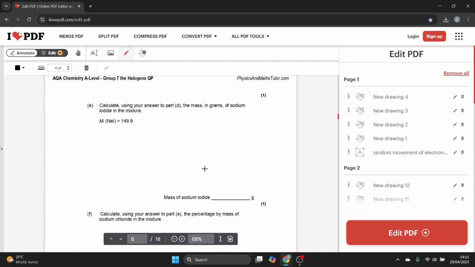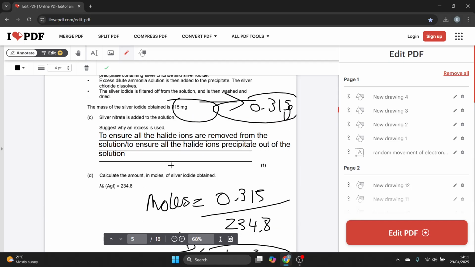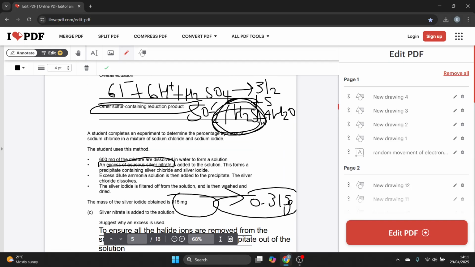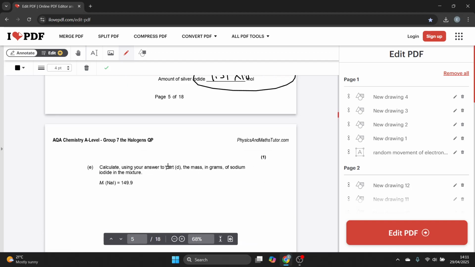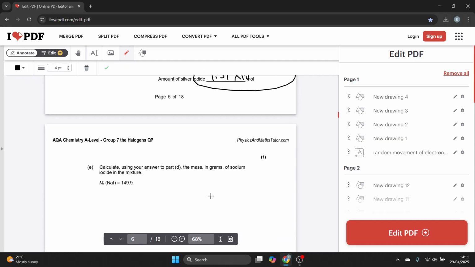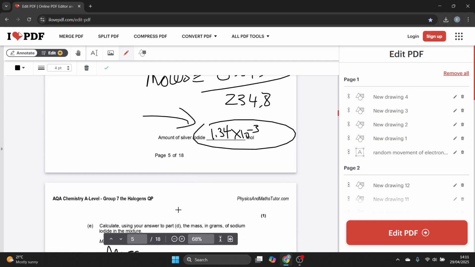Calculate, using your answer to part D, the mass in grams of sodium iodide in the mixture. My answer to part D was the amount of silver iodide. I want to work out a mass, so mass equals moles, which I'm going to use from part D. It literally tells me to.